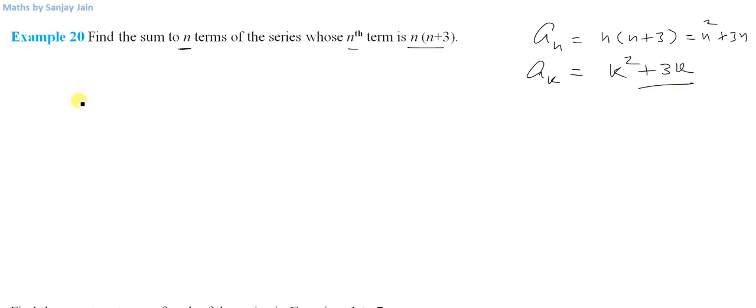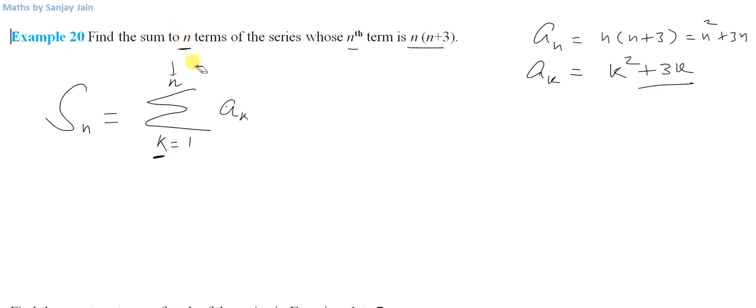What I'm saying is I need to find the sum up to n terms, so I'll write it like this in sigma form. So I'm taking k as my summation variable. K will go from 1 to n, okay? And here I need to write the kth term. If I had taken n as my summation variable, then the upper limit is also n, so that would not be very appropriate.